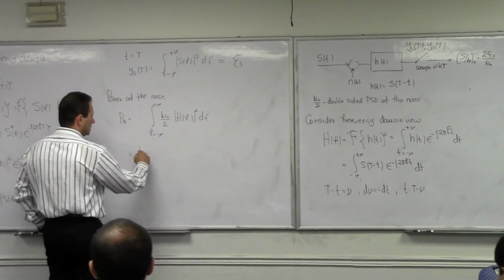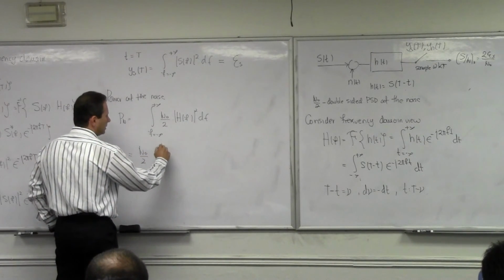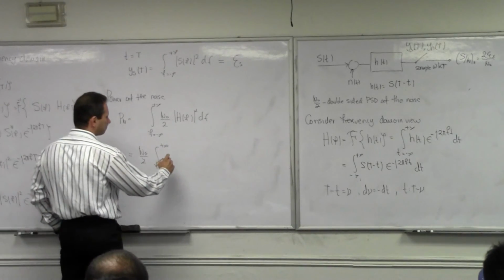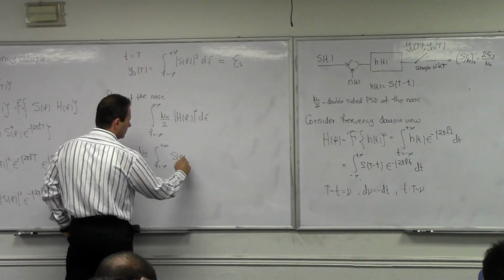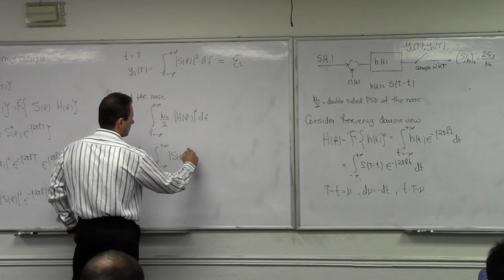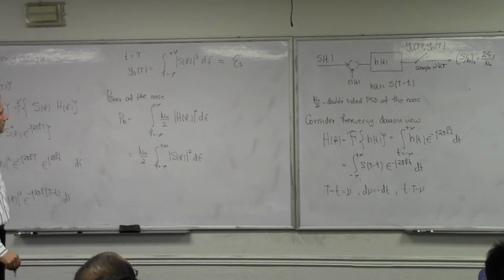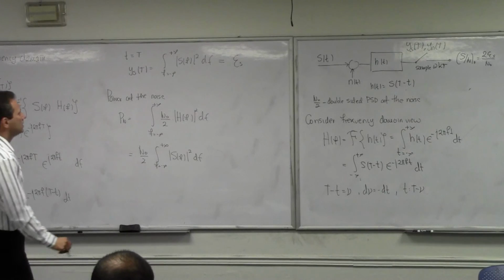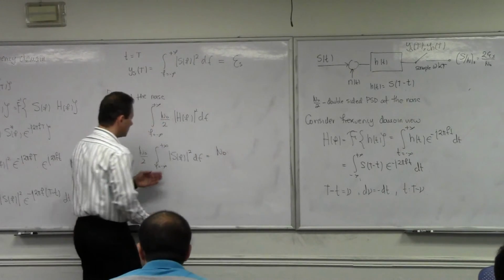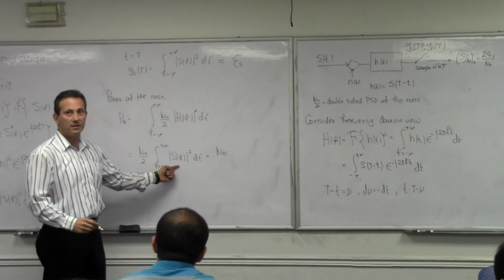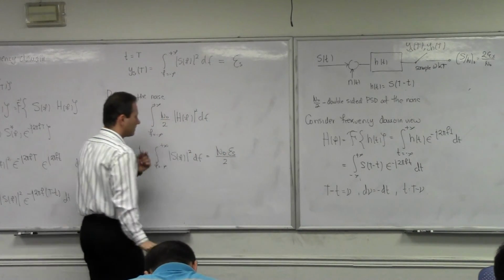So in our case, this is N0 over 2, integral when f goes from minus infinity to plus infinity of H(f), so this is S(f), squared df. Right? So this is equal to N0 times, what is this? Same thing, right? So this is N0 epsilon_s over 2.